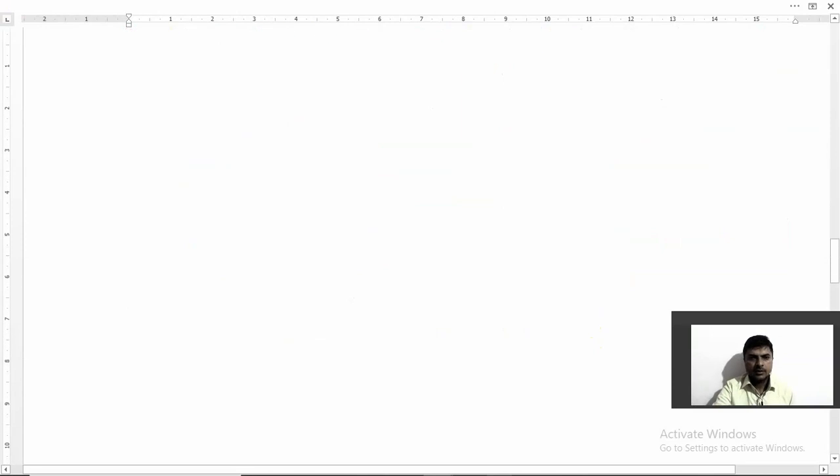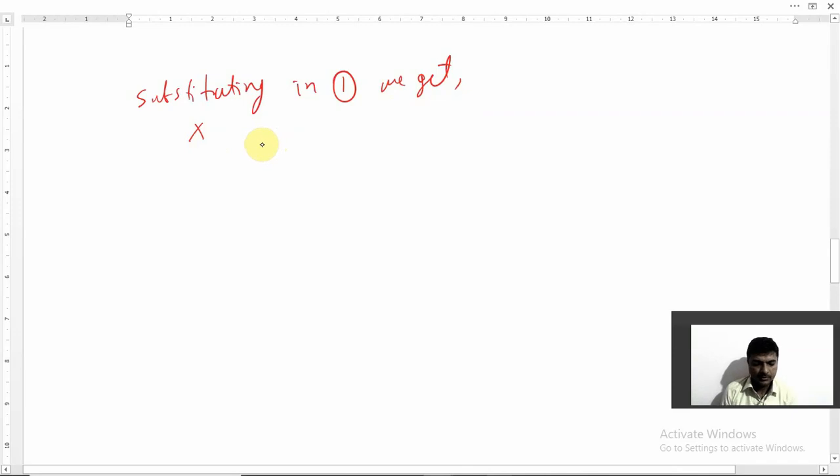Let's just substitute in equation 1. So what will be the equation? We get here that X remains as it is, no change, and for dou u upon dou t, T dash I am going to take.